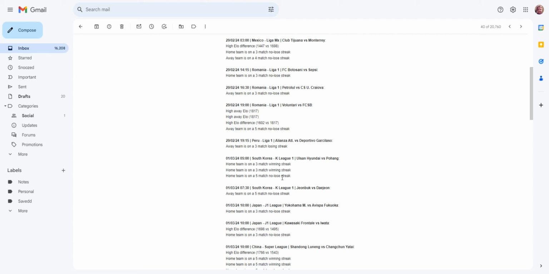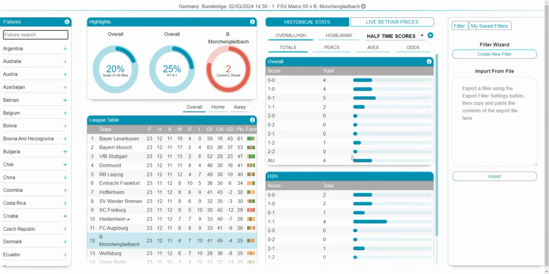It's in good form. How can we use that data? And what do we need to do to confirm whether that data is as strong as we think it is? So the first thing I would do in this instance, when you find a match you like and you think there's an opportunity you might want to trade, is to go over to the Betfair Trading Community software. And then what you want to do is just put the date for the fixtures.